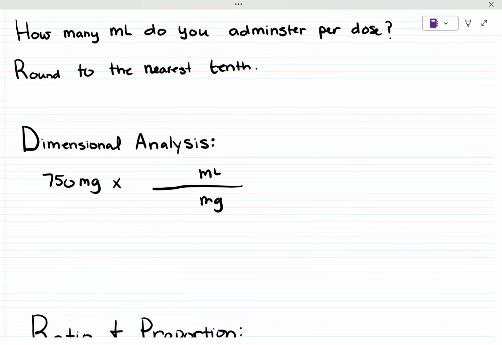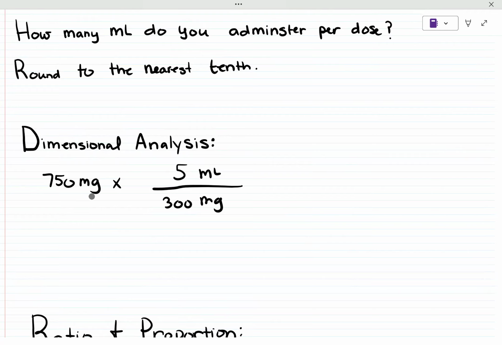On this one, there was supposed to be a label, but the availability was 5 milliliters for 300 milligrams.